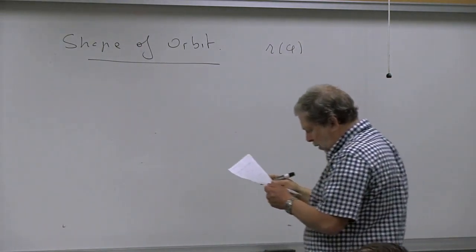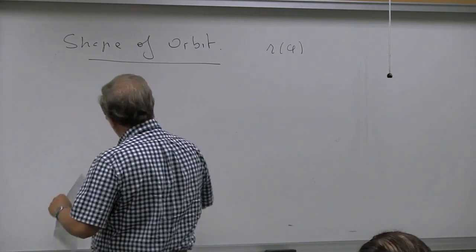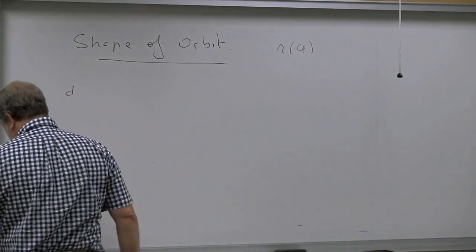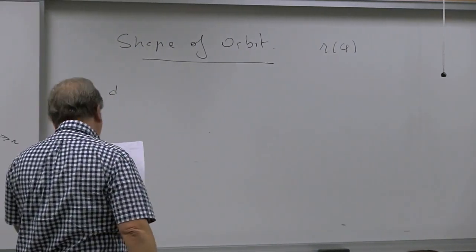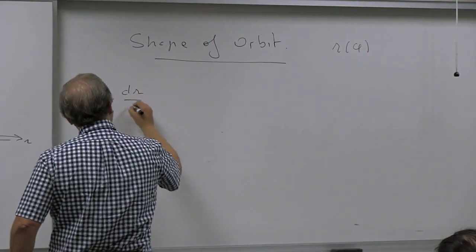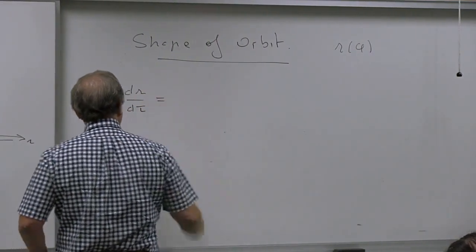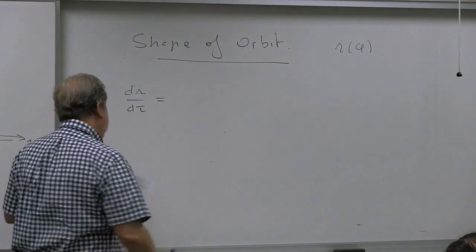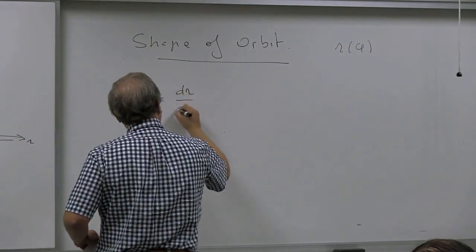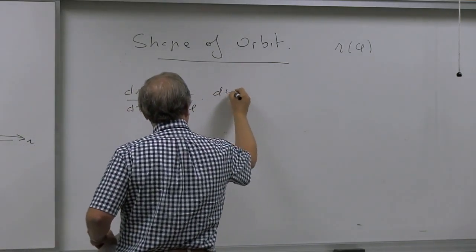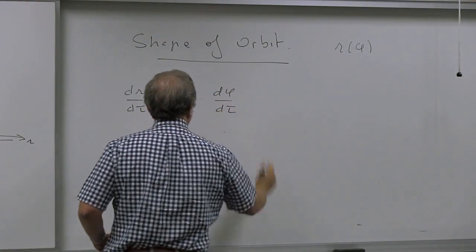So that means that we're going to write dr by dt, or dr by d tau, as dr by d phi times d phi by d tau.